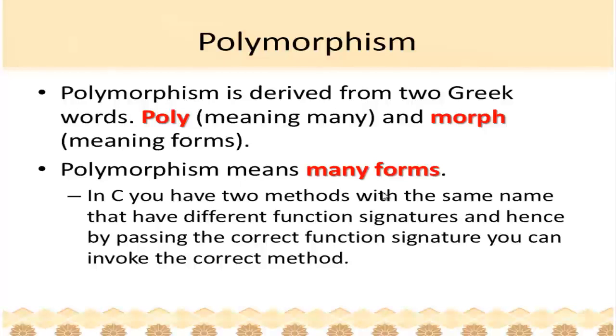The type of object or method is already decided at compile time. Dynamic is when the compiler is not able to figure out the type. In that case, at runtime, the runtime has to decide which form of the object has to be used, and that is called dynamic polymorphism.